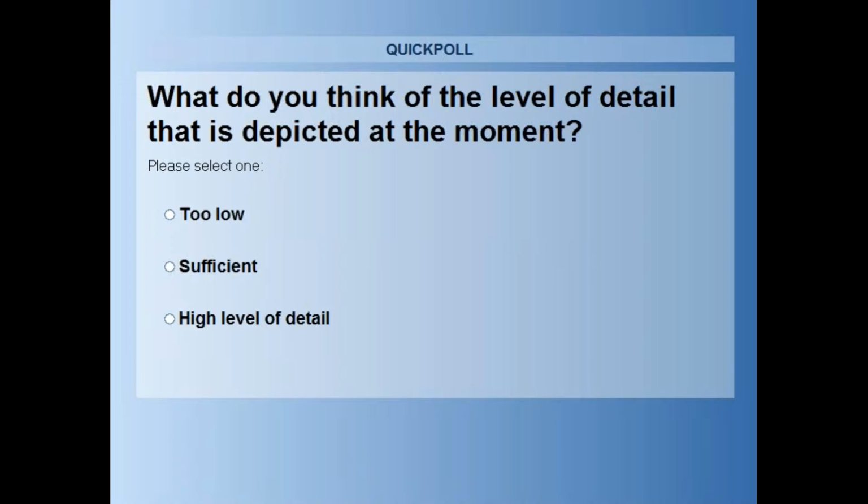I'm giving time to all the participants to vote. Not everybody has voted, but I would suggest to go to the next one. Thank you very much.